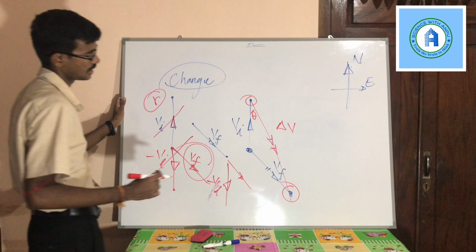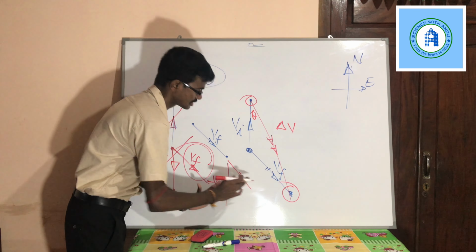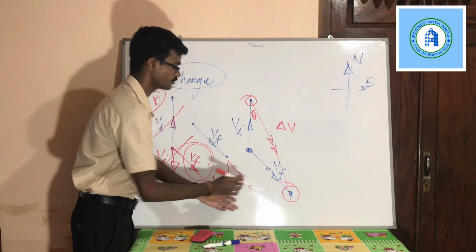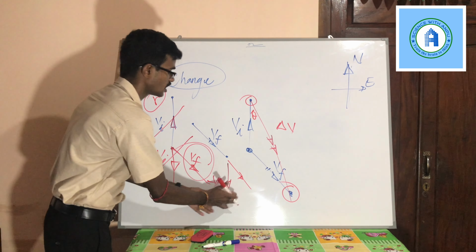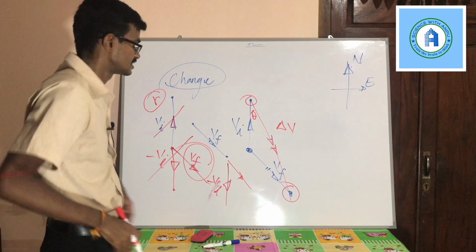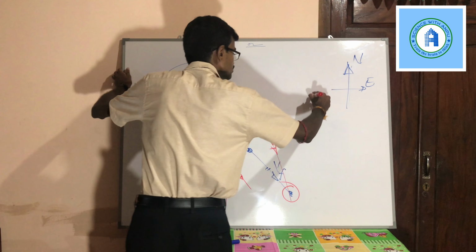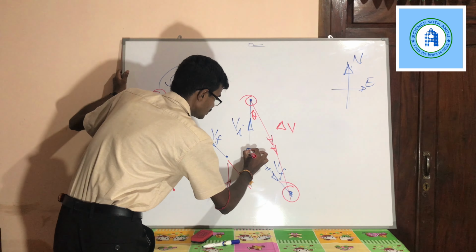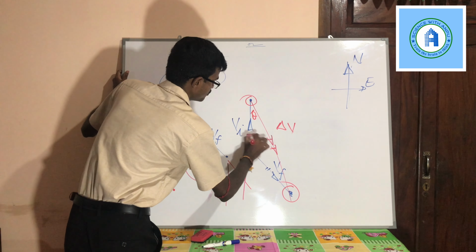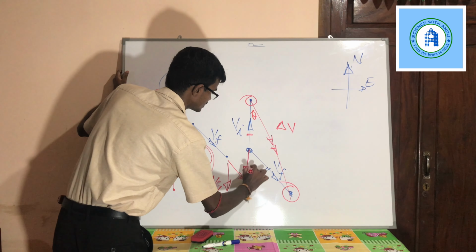So I have to find out the resultant of these two vectors, because these two are the change we did in this system. So I am drawing this same length and opposite direction.